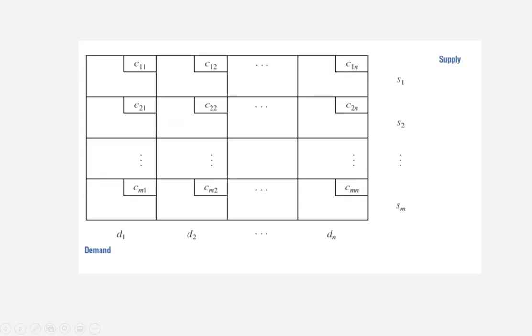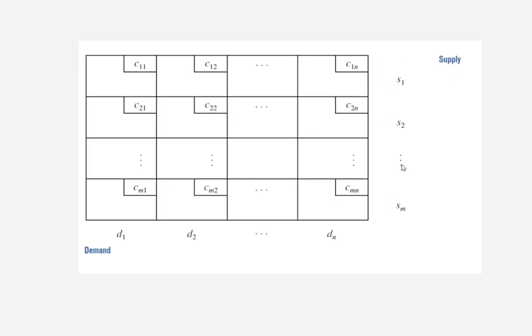And in the corner of each cell, we also add the cost of shipping one unit from supplier I to demand point J. At the bottom, we also add the demands, and the supplies on the right.